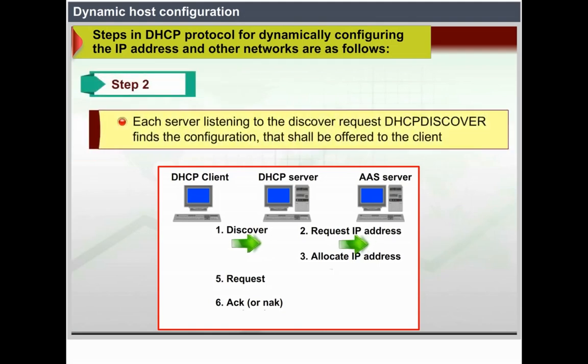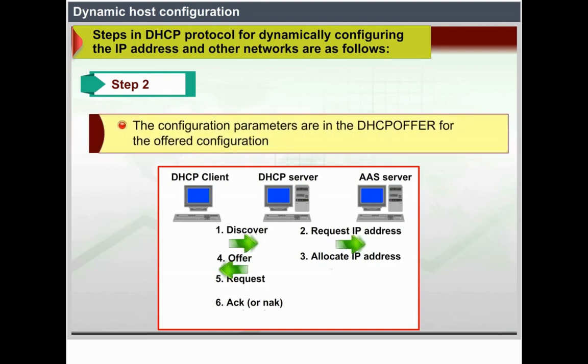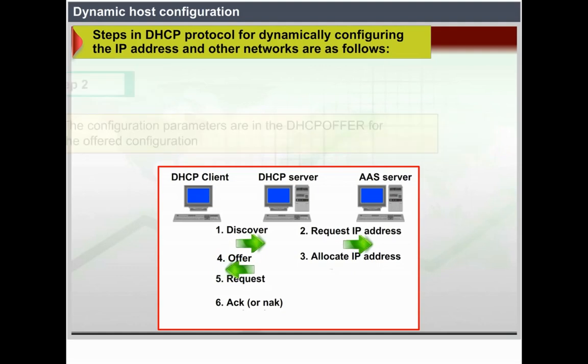Each server listening to the DHCP discover finds the configuration which can be offered to the client. Servers sense the configuration parameters including an IP address not presently in use at the subnet. The configuration parameters are sent in the DHCP offer.